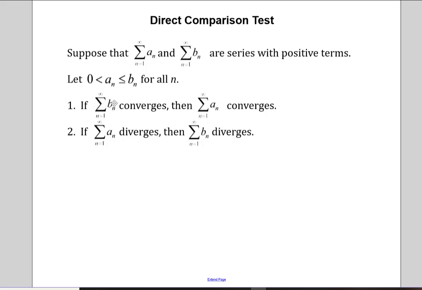That's basically saying if the larger series converges, then the smaller series converges. And likewise, if a sub n diverges, then b sub n diverges. So if the smaller series is divergent, then the larger series is divergent. I'm saying that a is smaller than b.